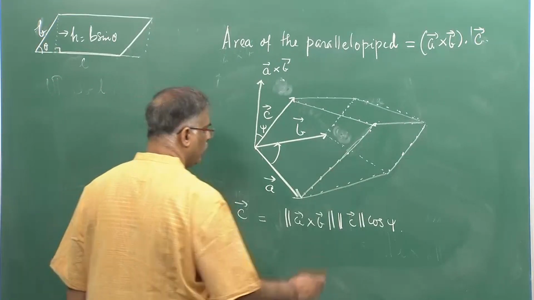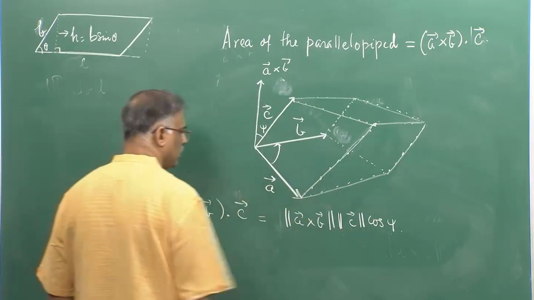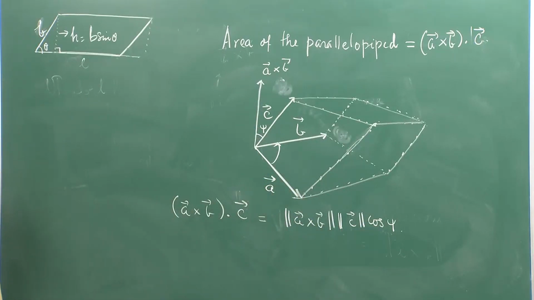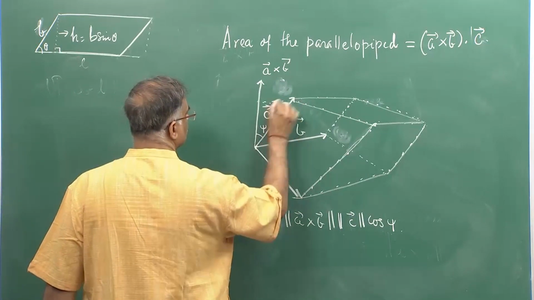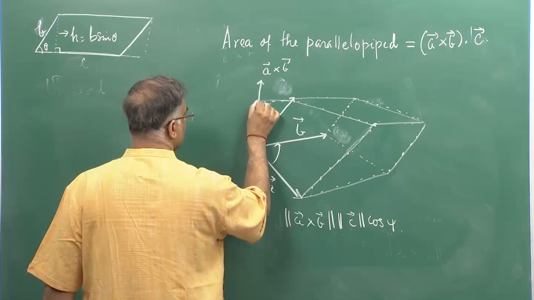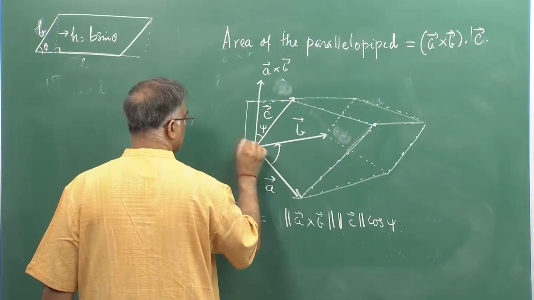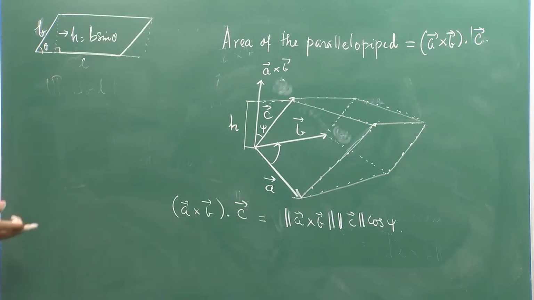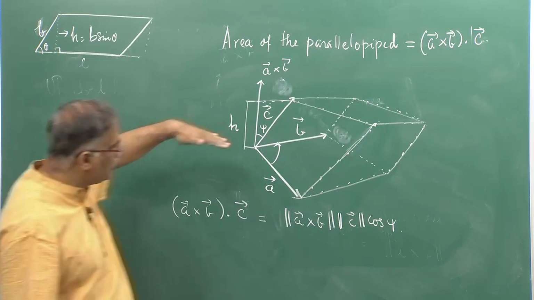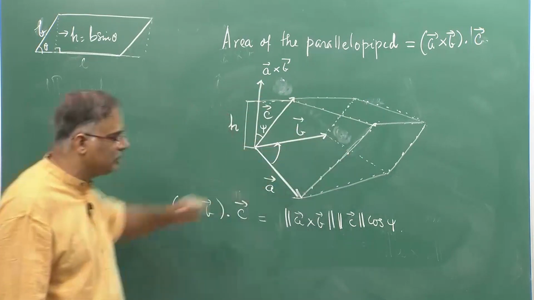But again, what is C cos psi? What is this C cos psi giving me? The C cos psi is actually this. It is this height. This is actually the height if I replace this parallelepiped with a rectangular parallelepiped standing between the same two parallel bases.